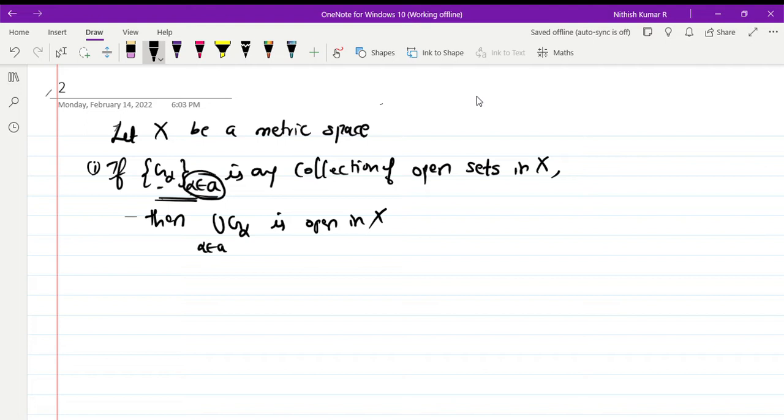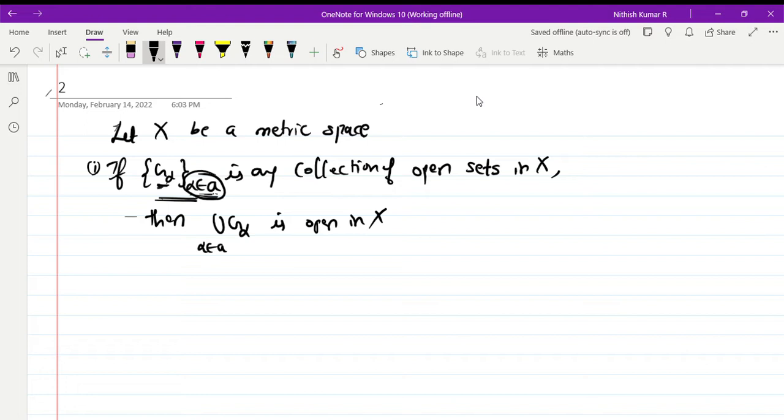We don't know exactly. Now how many elements are there? The cardinality of A: if it is finite then this collection is a finite collection, if it is infinite then this is an infinite collection. So you can say it's an arbitrary collection of open sets in a metric space X.